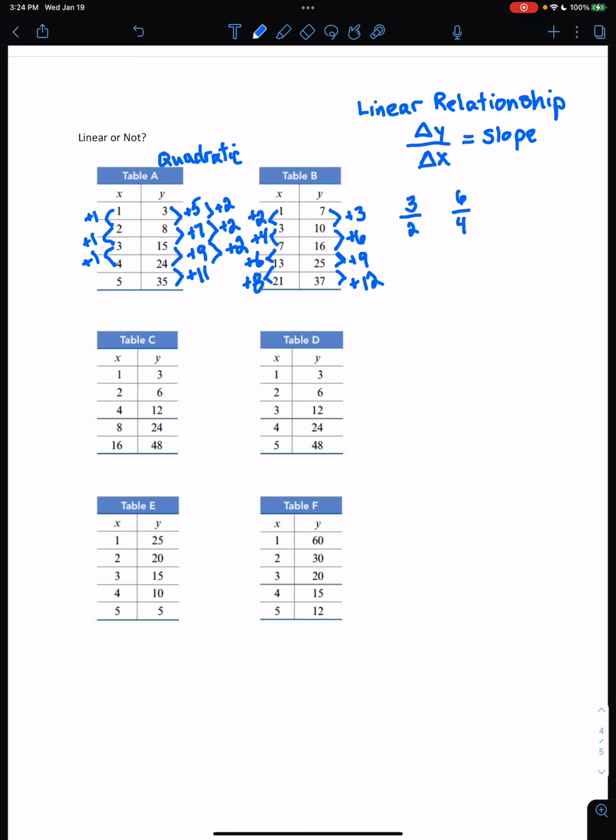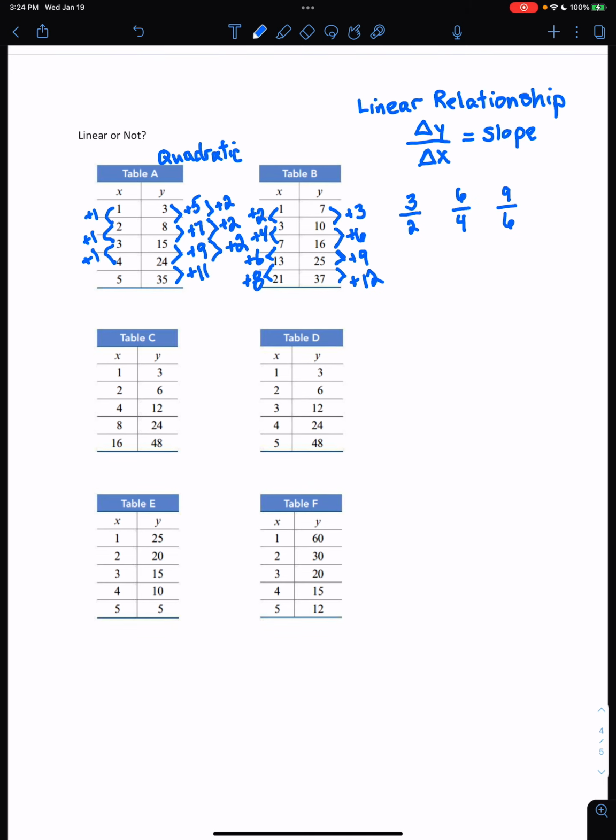Our third change in y is 9, and our change in x for that is 6. And finally, we have 12 compared to 8.